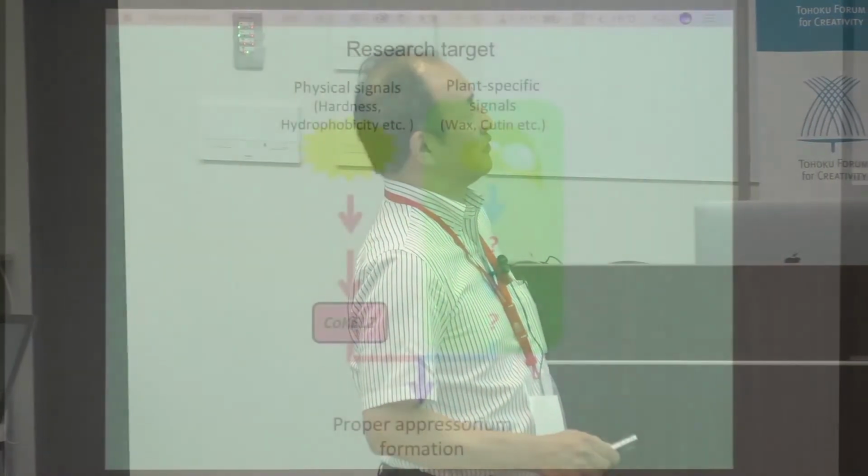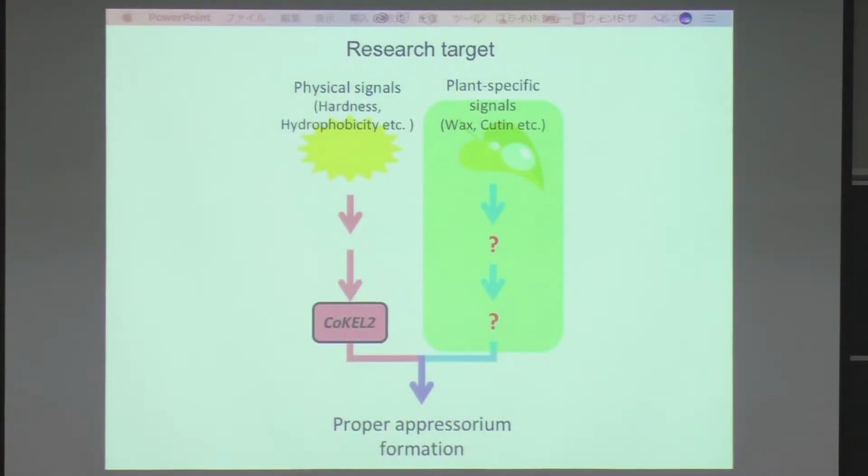One is a physical signal, in which COK2 is involved. The other is a plant-specific signal leading to the appressorium formation. The research target we set was to elucidate the plant signaling pathway.